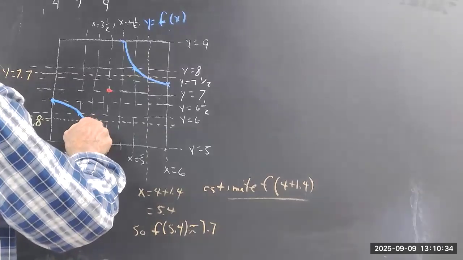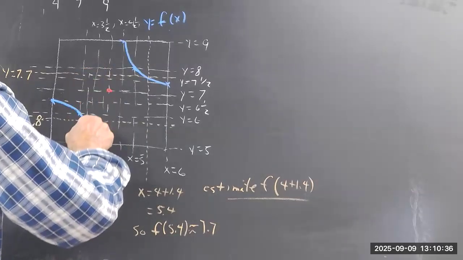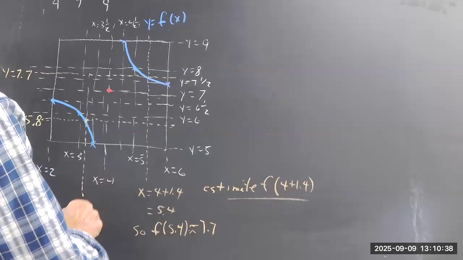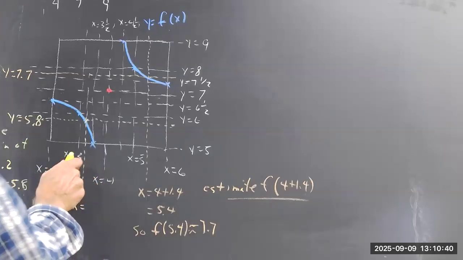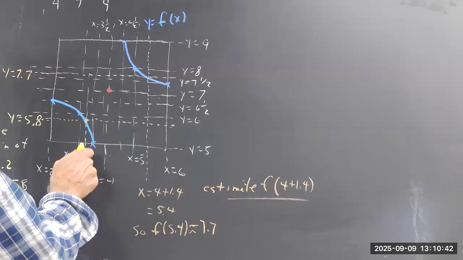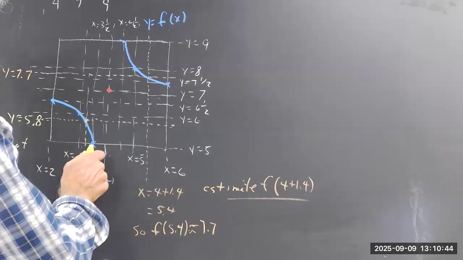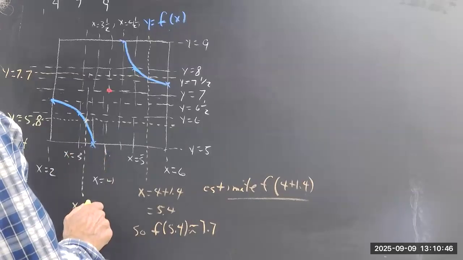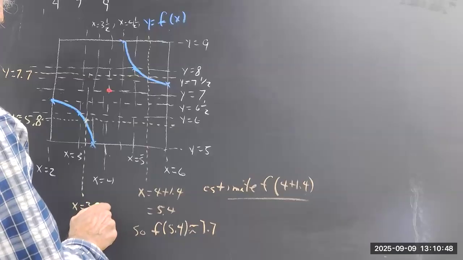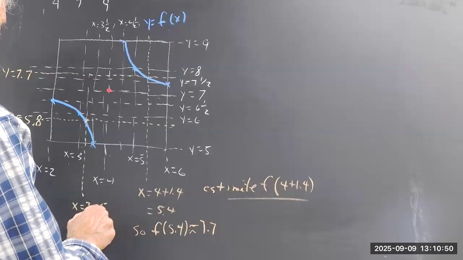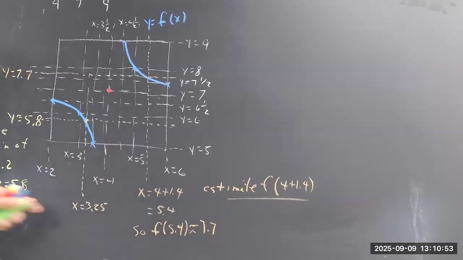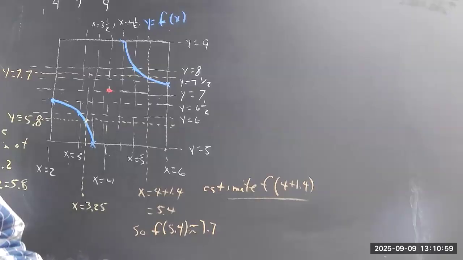Then we find the graph point, and our solution is x equals what? It's between 3 and 4, closer to 3 than it is to 4. Looks like it's about a quarter of the way. Usually we don't try to estimate to the 100th, but that looks so close to a quarter of the way, I'm going to say 3.25. Fair enough?